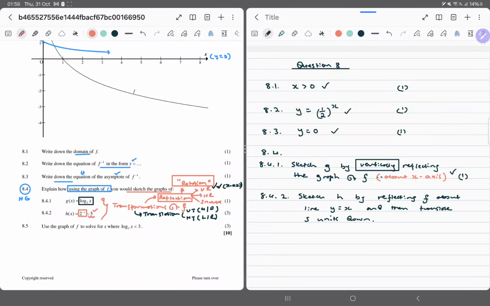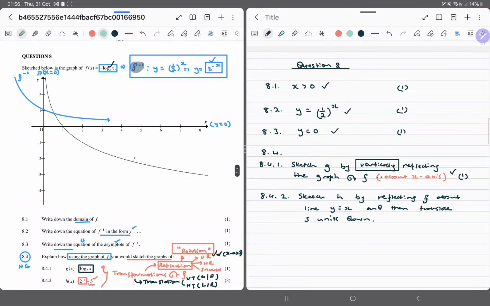Nice. Because of course the question was, how would we sketch these graphs? We would sketch them by literally just reflecting this one about the inverse line. What is that line? This is when we draw this one, and of course that would be the inverse line.